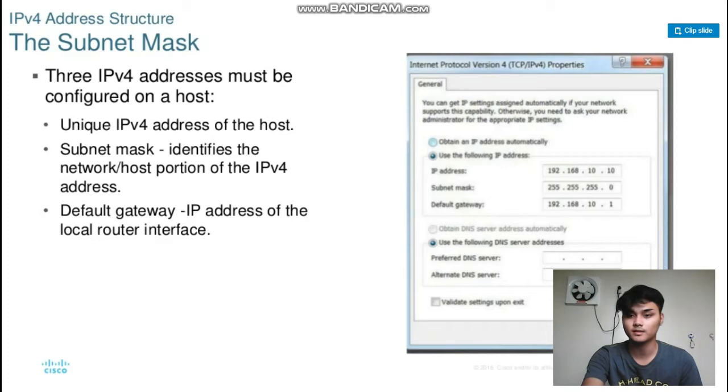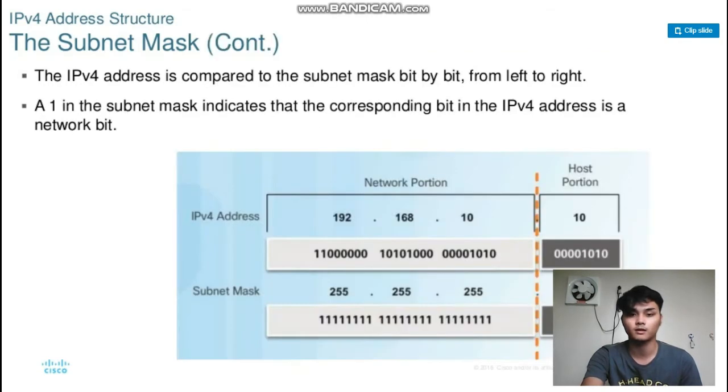The subnet mask, unique to IPv4, we already know from the previous chapter, which I will tackle. The IPv4 address is compared to the subnet mask bit by bit, from left to right. A 1 in the subnet mask indicates the corresponding bit of the IPv4 address is part of the network.